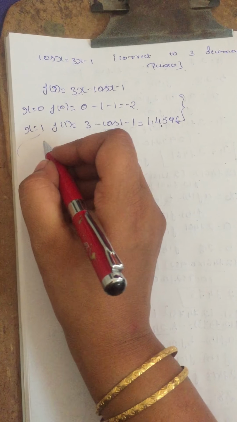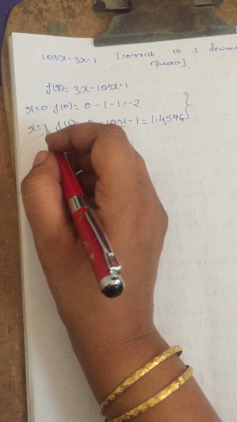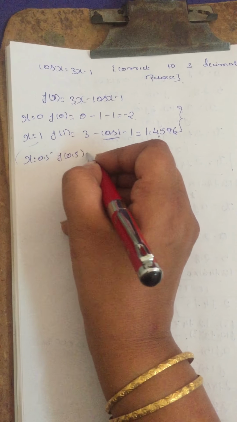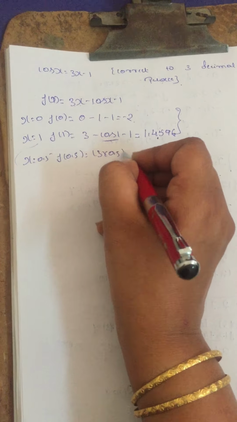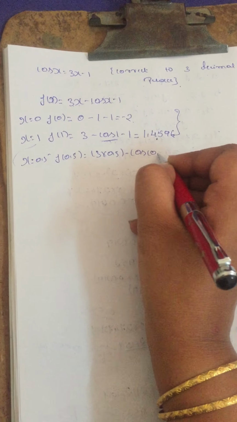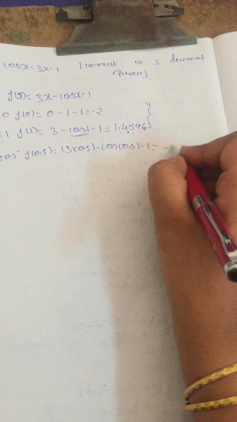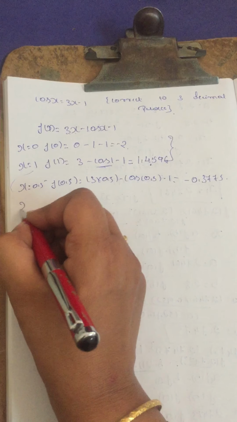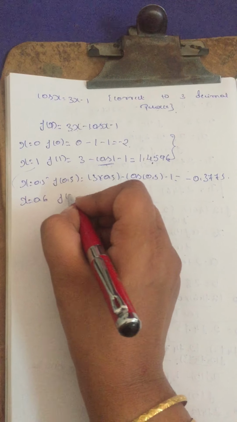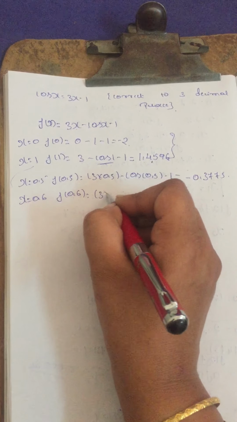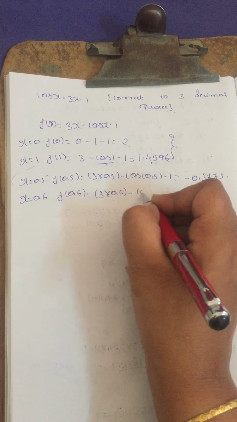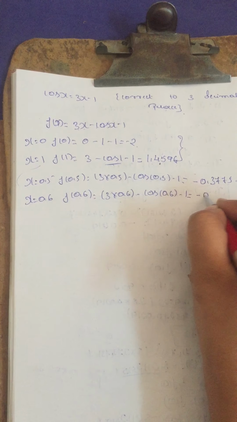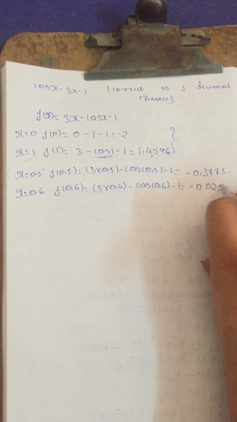Now I start from 0.5, 0.6, 0.7. Take x = 0.5. f(0.5) = 3 into 0.5 - cos 0.5 - 1, which is equal to -0.3775. Next take x = 0.6. f(0.6) = 3 into 0.6 - cos 0.6 - 1, which is equal to -0.0253.